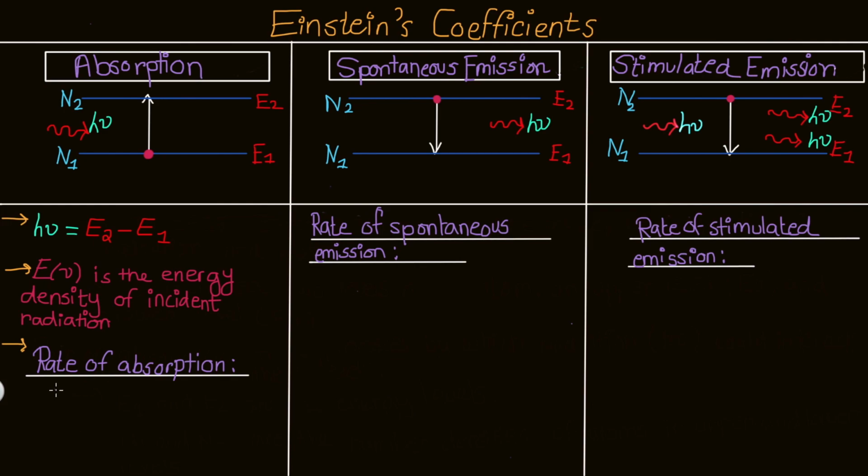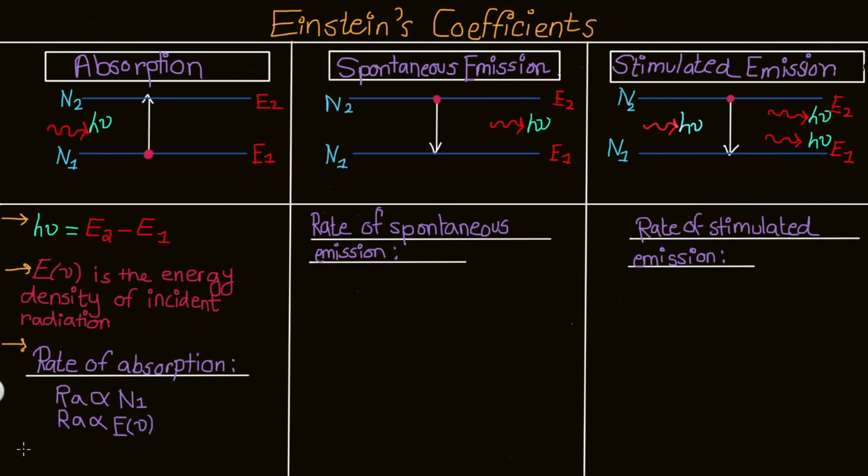What I mean by that is we'll see that the rate of absorption, RA, depends on, and I'm showing that with the directly proportional sign, the number density of atoms in the lower level, so N1. And it also depends on the energy density of incident radiation, so E nu.